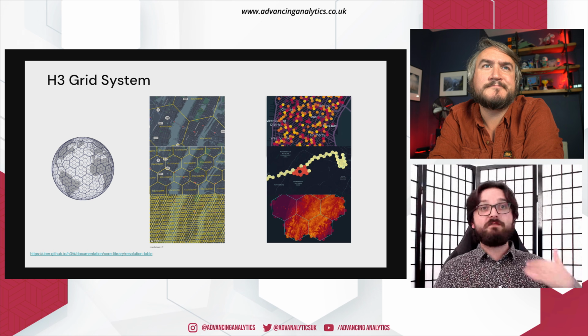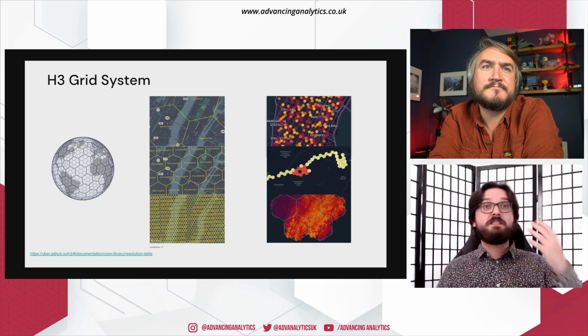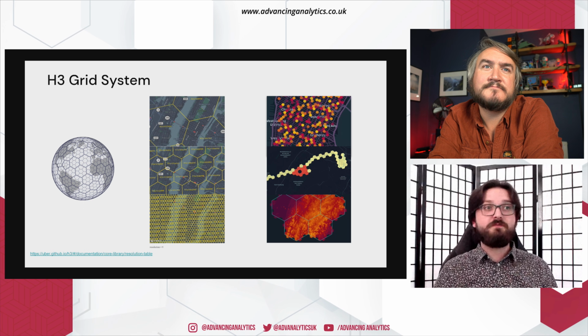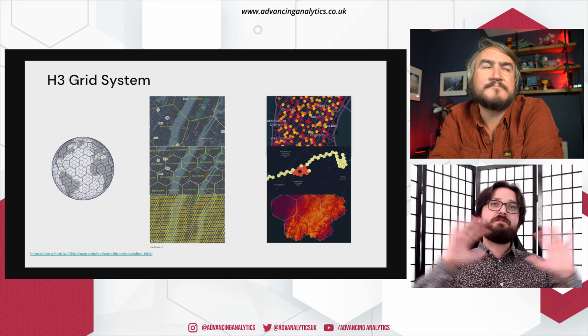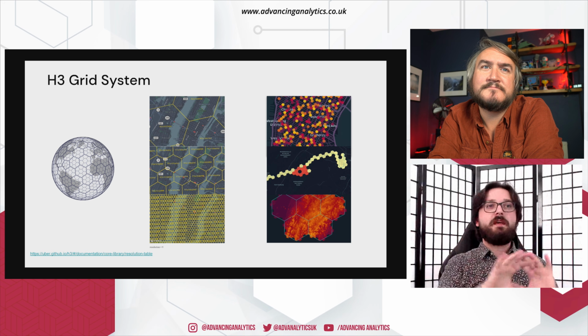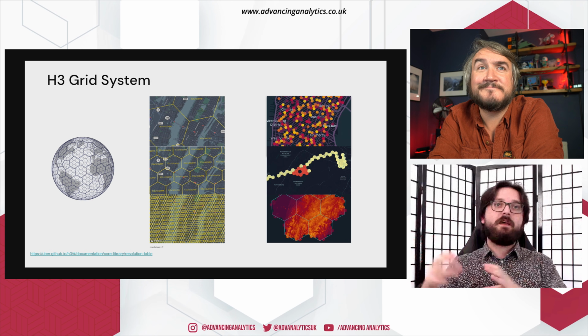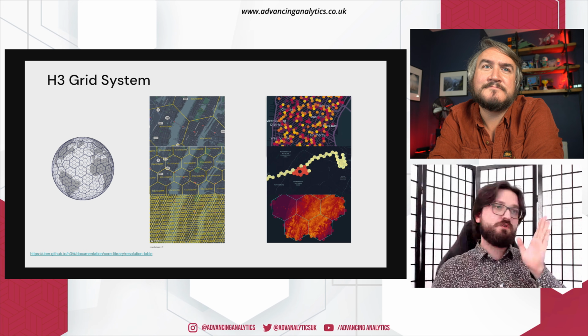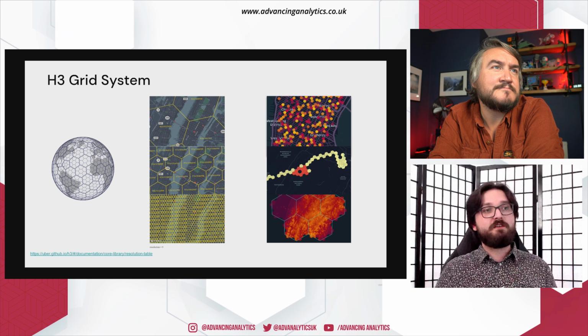So grids are very good because they can help you split features into partial features. You have a grid that covers the whole Earth in hexagon tiles, and they basically form an envelope around the Earth, and they have many resolutions, which you see here in the central three images.